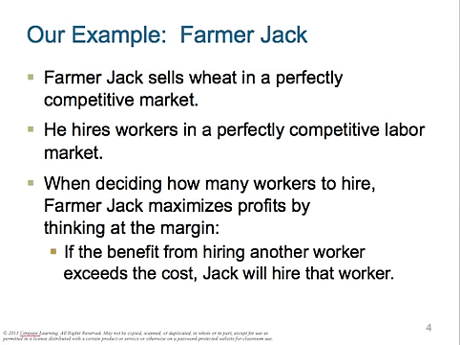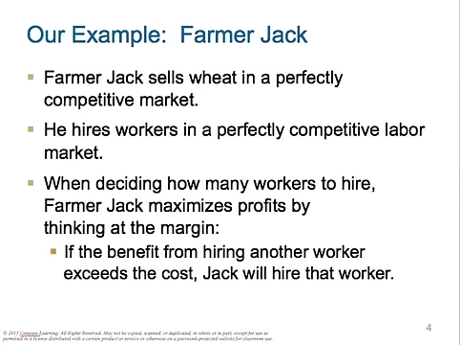This is an example we used in chapter 13 to introduce the following concepts: production function, marginal product of labor, diminishing marginal product. Here we briefly review these concepts and then use it to derive Farmer Jack's demand for labor. So his input that he's going to need is labor. Farmer Jack sells wheat in a perfectly competitive market.